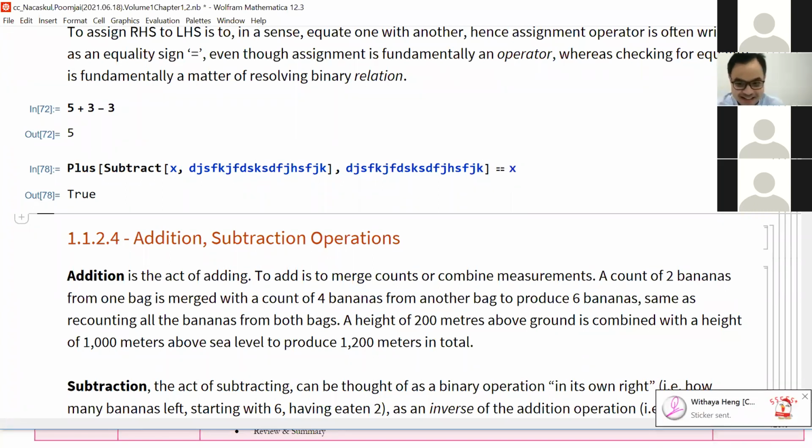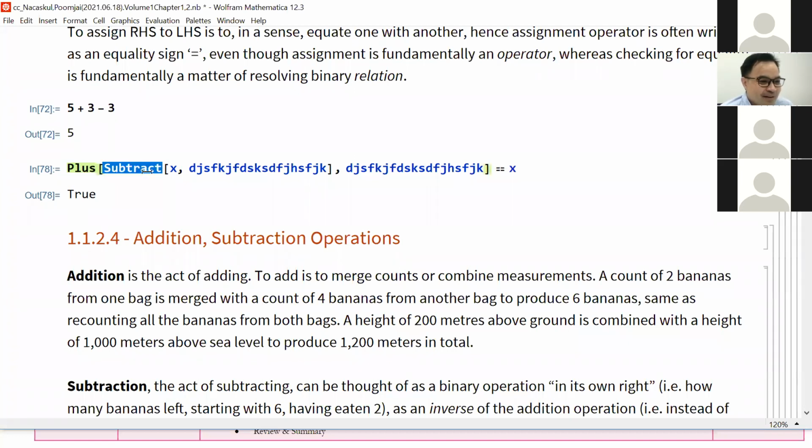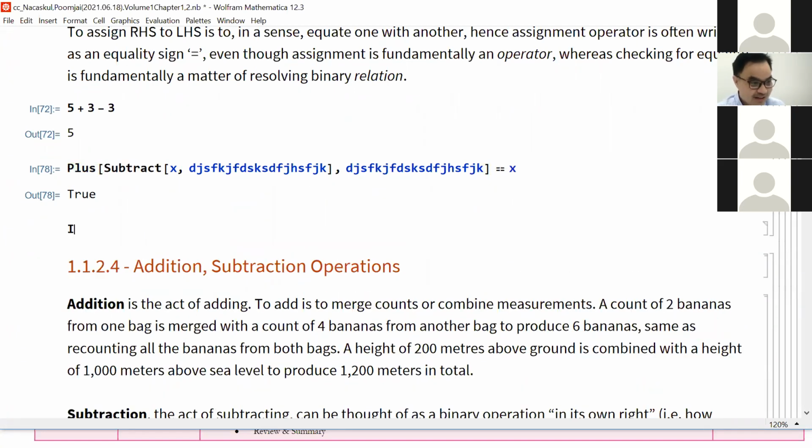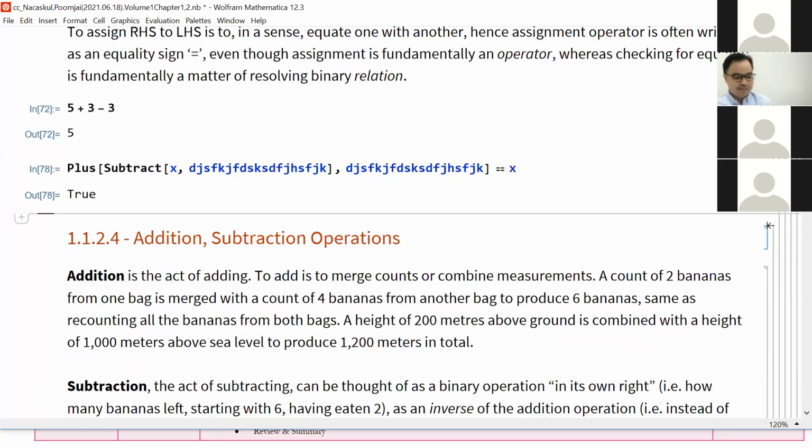Let me ask you a little difficult question. Plus and subtract, they are inverse. Inverse means it undoes something. It's meant to undo something. Now, let me ask you a question.